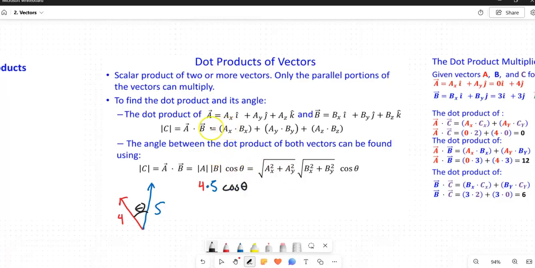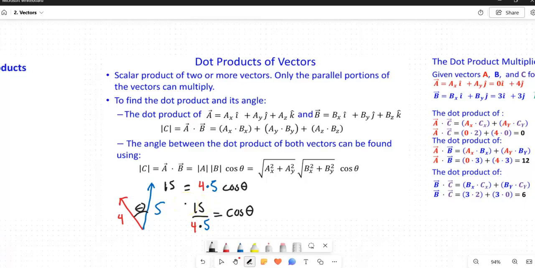Now, if you did know those components and we got another component which was c, and you knew the size of c, and that was 15. Right? The size of c, which would be 15. I don't know if this is going to work out, but what we would do is take 15 and divide it by 4 times 5. And then set it equal to cosine of theta. And from there, we could take the inverse cosine of both sides and figure out what theta is. Okay?